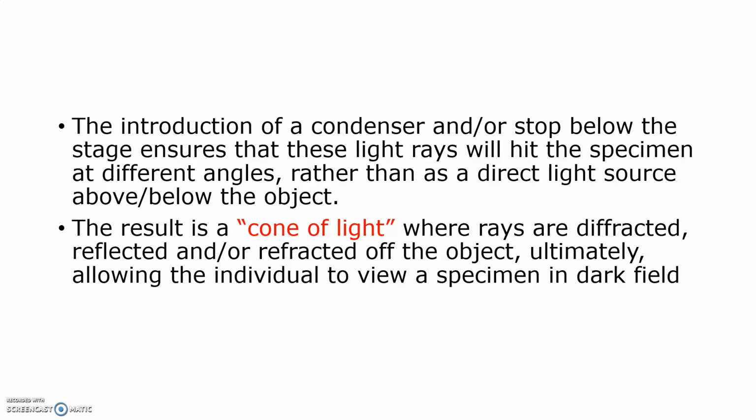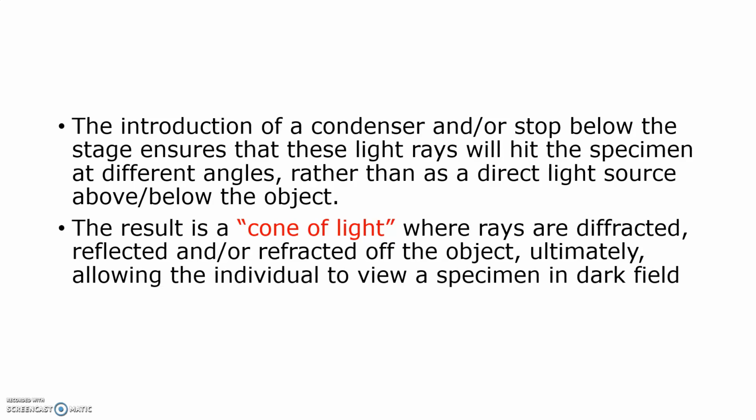Mainly in dark field microscopy we are talking about this condenser or annular stop, which is placed below the stage. It ensures that the light rays hit the specimen at different angles. Because the light rays are passed obliquely, they reach the specimen at different angles rather than from a direct light source above or below the object.